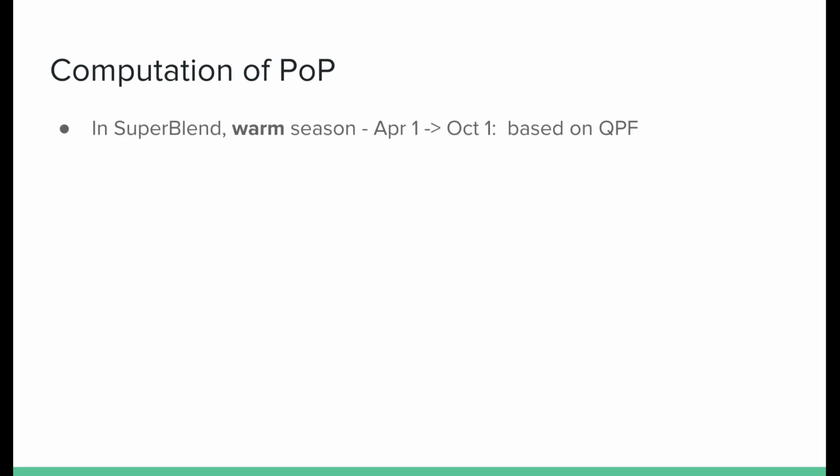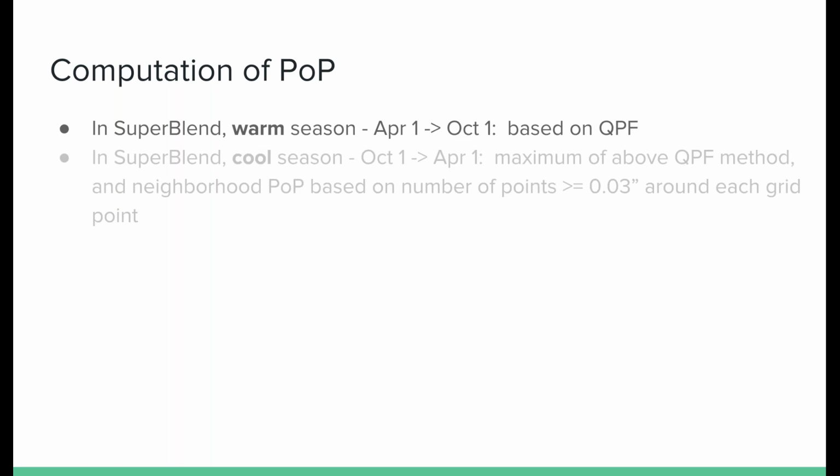Well, a reminder here, since the next ForecastBuilder webinar may not be until probably April timeframe, I wanted to talk a little bit about the computation of POP, and this is just a reminder. I think I mentioned it last time. In the warm season for SuperBlend, April 1st to October 1st, for those utilizing SuperBlend, it's based on QPF. But then during the cool season, which we're in right now, we use two methods.